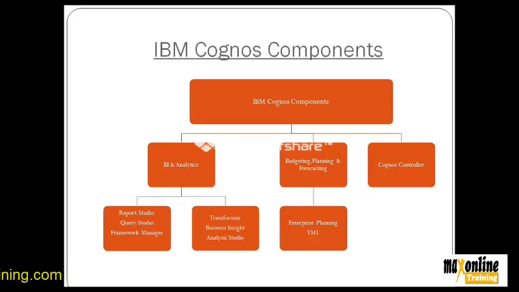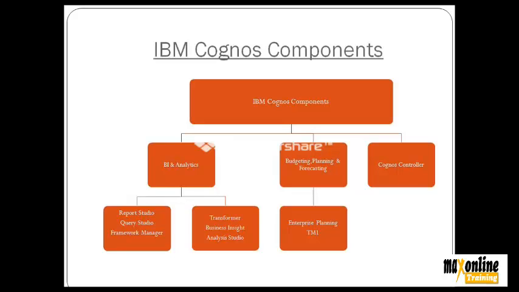But it's not much in demand because of the Hyperion tool from Oracle. Right now Hyperion is the market leader, and Cognos Controller is just a competitor, but not a serious one.